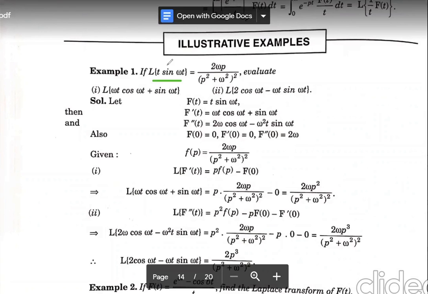That is simple. Just consider this one as f of t, that will be t into sine omega t. Then find the first order derivative of this, and you will get this one.